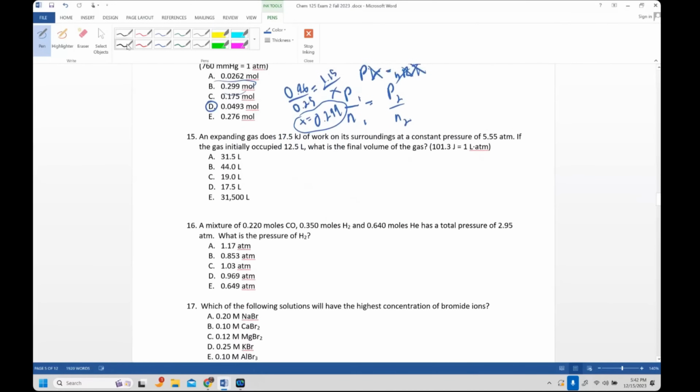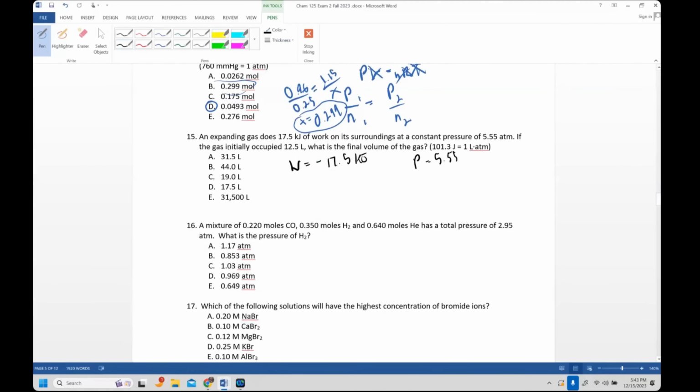All right, next. An expanding gas does 17.5 kilojoules of work on the surroundings. So we know that work equals negative 17.5 kilojoules because it's going on the surroundings at a constant pressure of 5.55 atm.